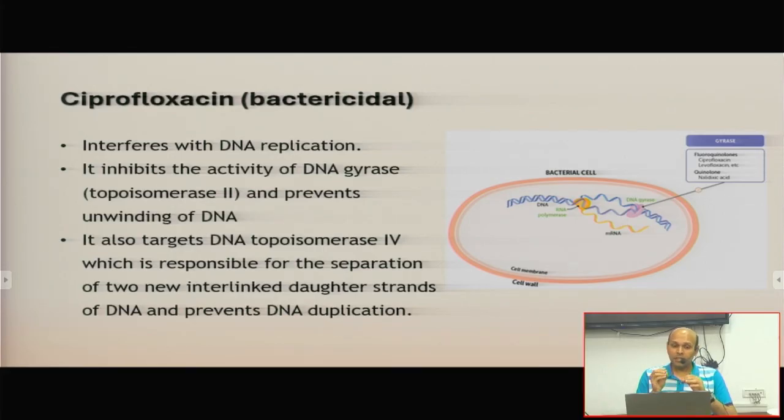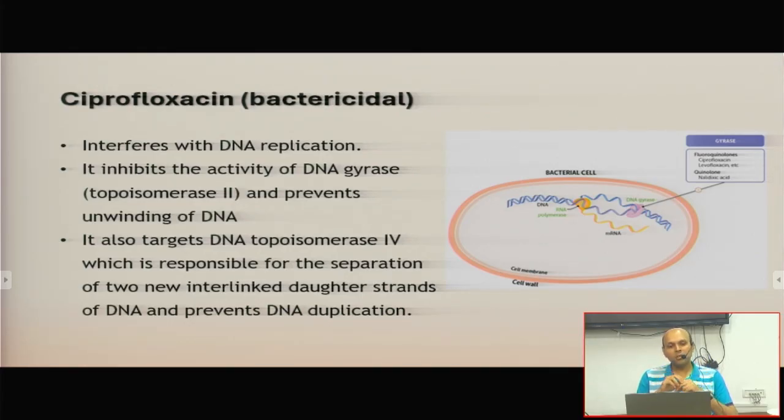So ciprofloxacin inhibits the activity of DNA gyrase, which is supposed to do this role. If it inhibits the activity of that, what is going to happen? Gyrase is not going to go there and do the job, understood? If gyrase is not going to do the job, then there is stress there already. It will start breaking. So that is the first step.